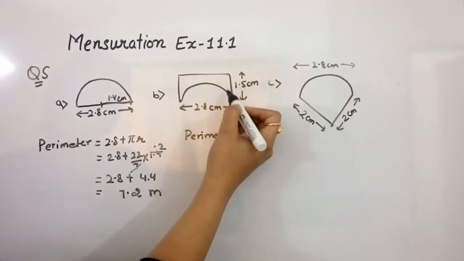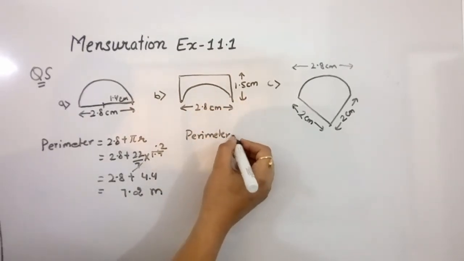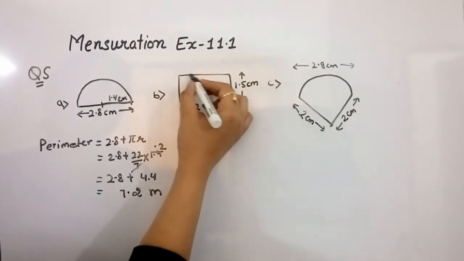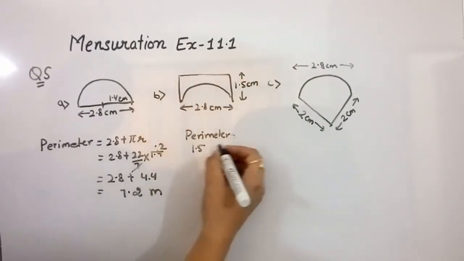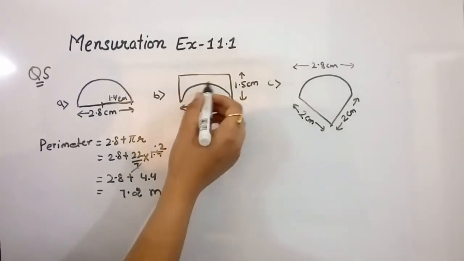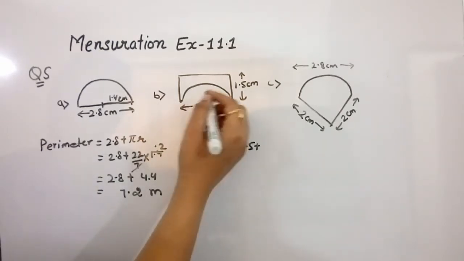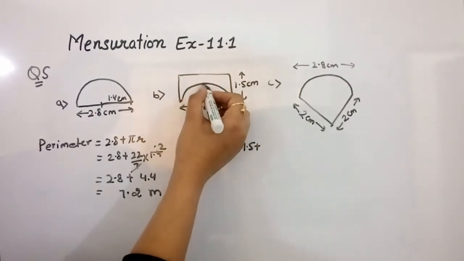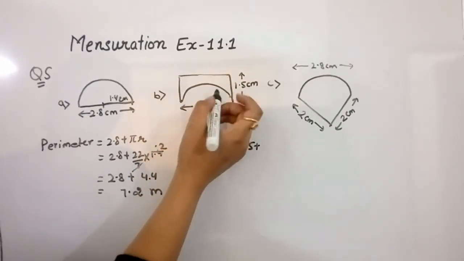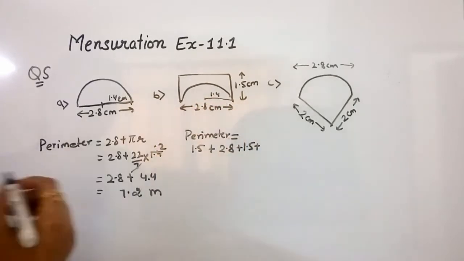For the next one, the perimeter is the sum of this side, this side, this side and this circumference. So it is 1.5 plus 2.8 centimeter, 2.8 plus 1.5, plus the circumference of this. If this is 2.8 centimeter, then the radius should be 1.4.